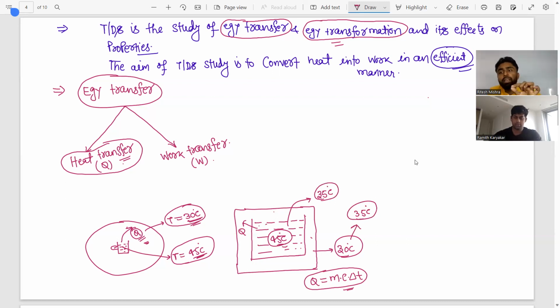Can there be heat transfer now? No, because the temperature of both is the same, so there will be no heat transfer. Heat transfer always occurs due to temperature difference. When the temperature is the same, there will be no heat transfer, and now this system is called in thermal equilibrium.